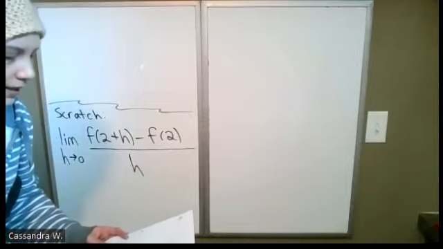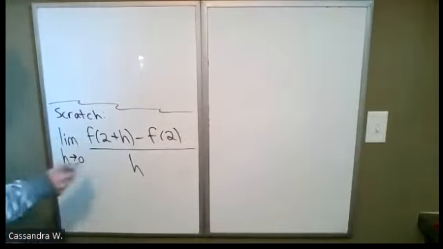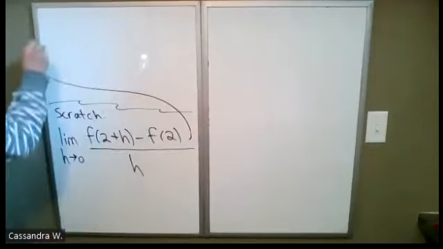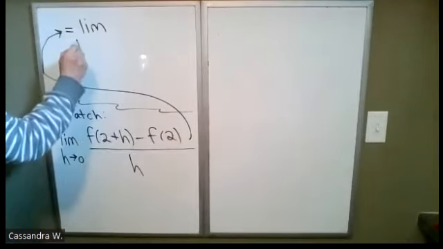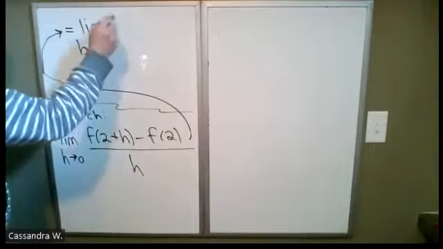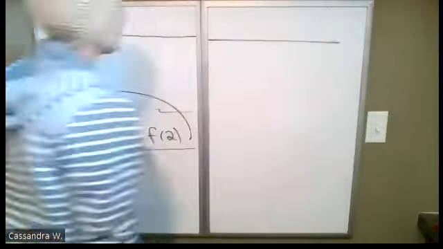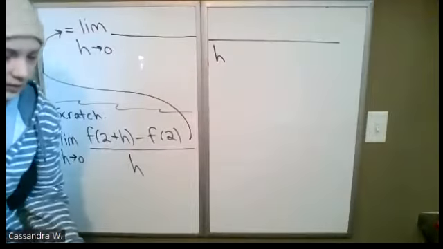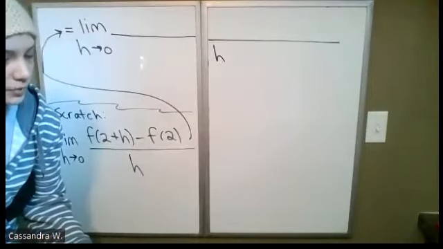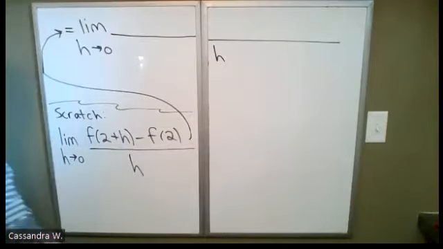No. We're putting in 2 plus h. Everything's over h. All right, so we're going to have 2 plus h squared minus 3 times 2 plus h, add 5.